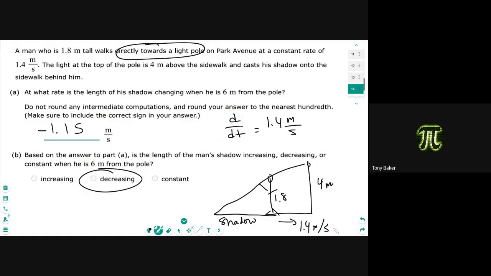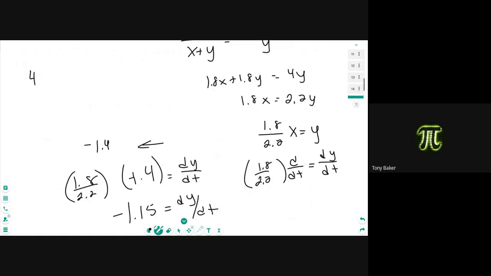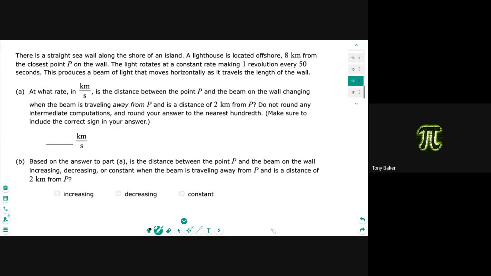All right. Last one. No, this one's not similar triangles.